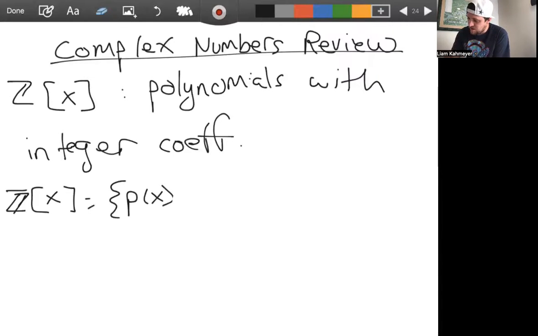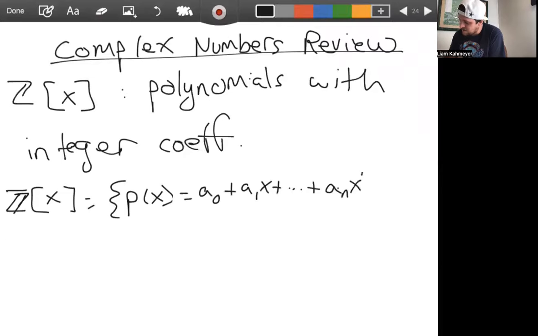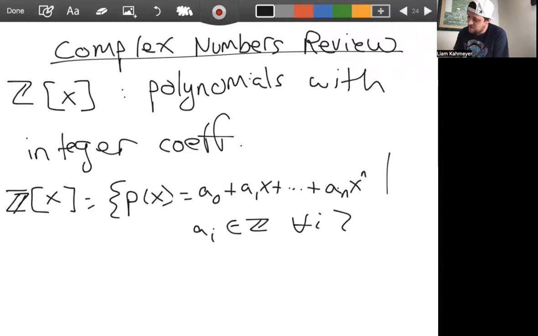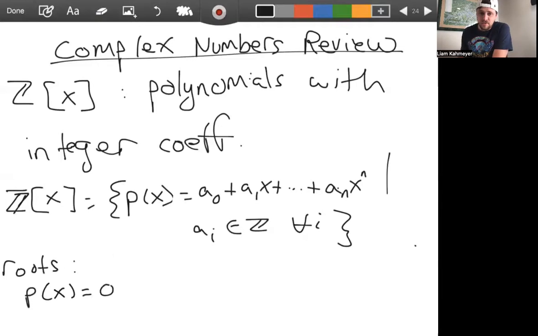And let's say we could write this P of x as a naught plus a1 x plus et cetera, plus a n x to the n, such that a i is an integer for all i, right? And solutions or roots of polynomials, we know roots of polynomials are where P of x equals 0.